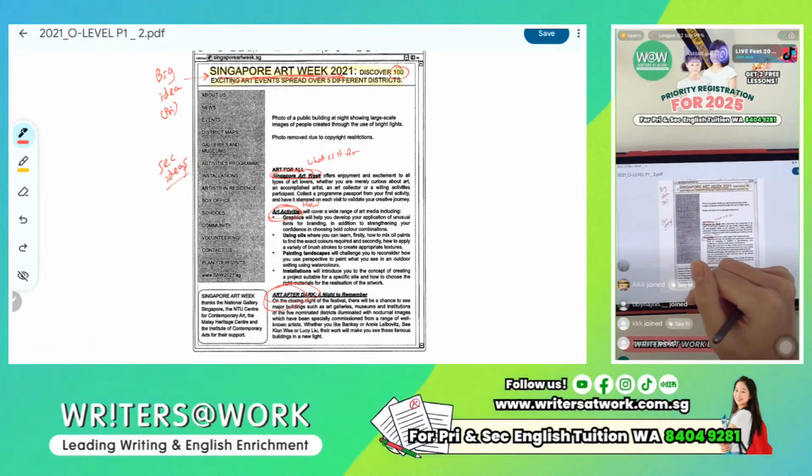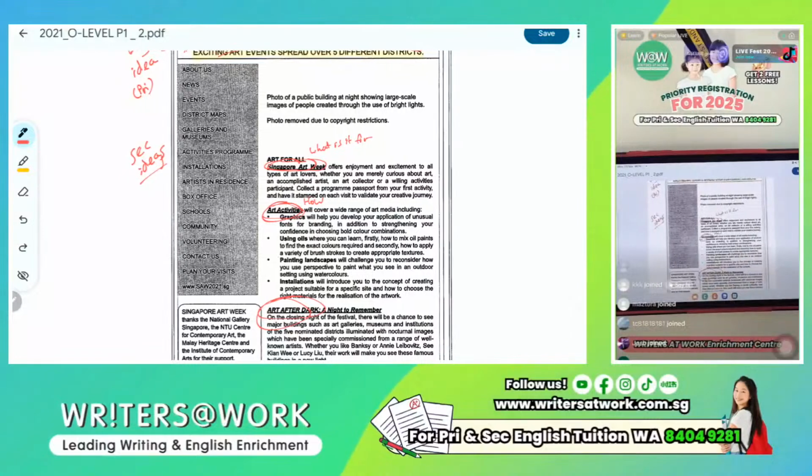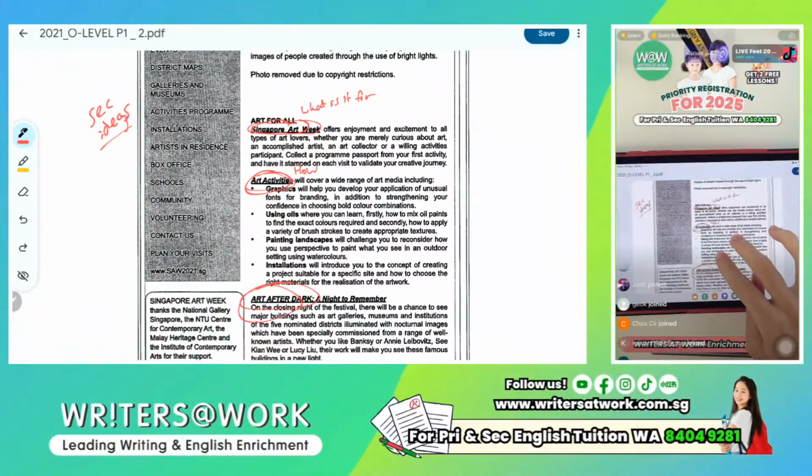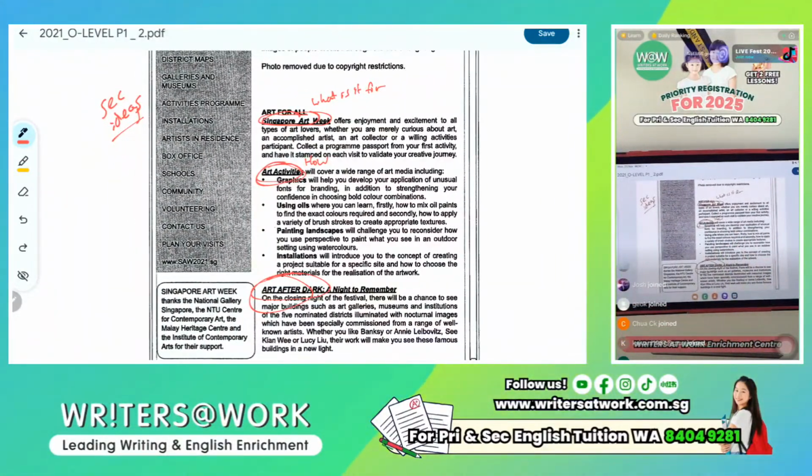So I just like to draw everybody's attention to a few things inside this text. Okay, I believe most of you who are taking O levels will purchase this 10-year series soon. You can read the nitty gritty details for yourself, but I just like to draw your attention to certain words and certain features.